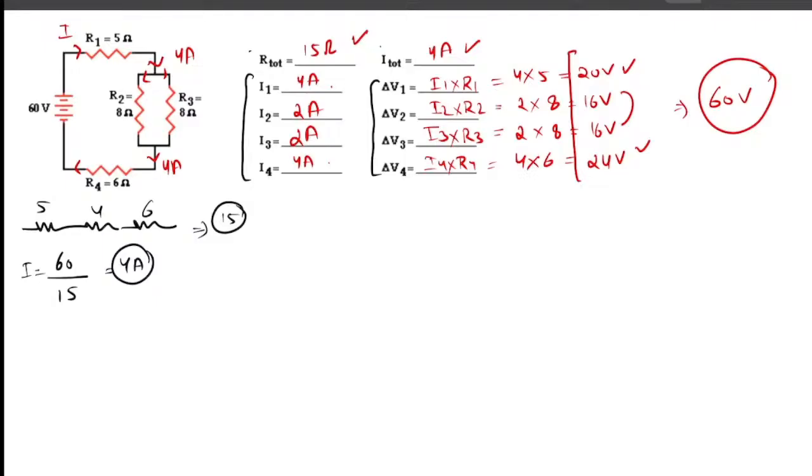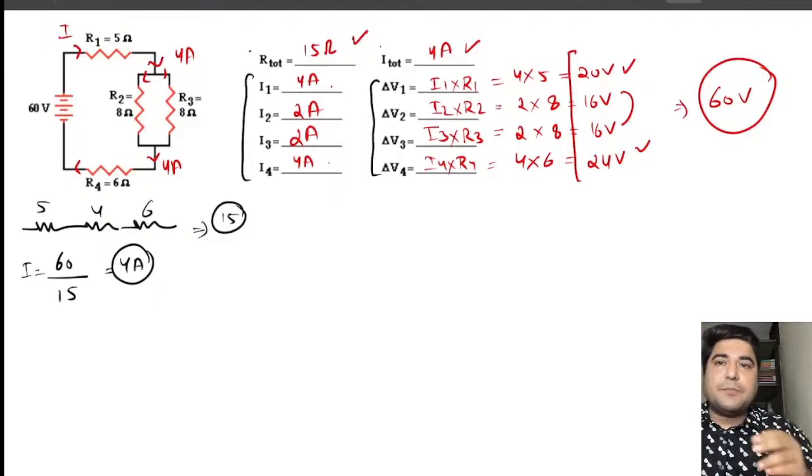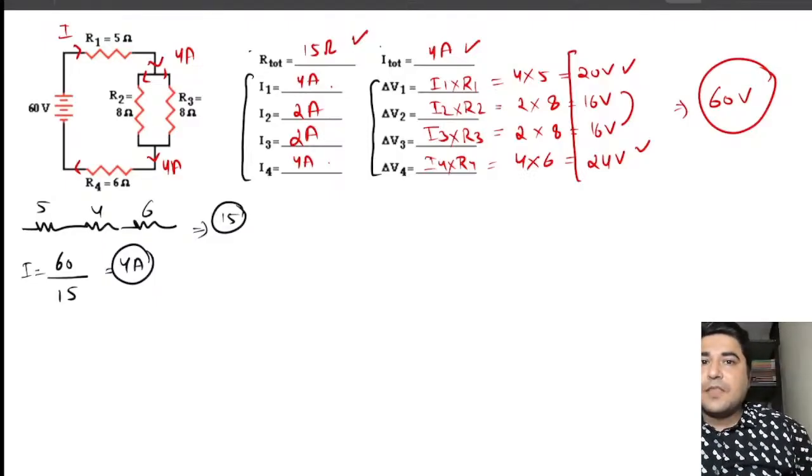So these types of questions are being asked in your examinations, and anything could be asked. For example, the potential difference across a single resistor could be asked, or across multiple resistors. So these types of questions are generally provided in the examination.